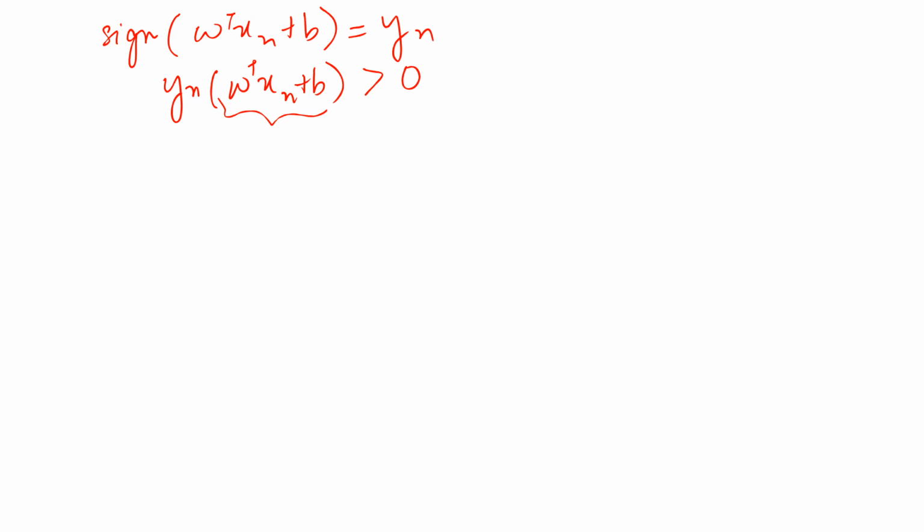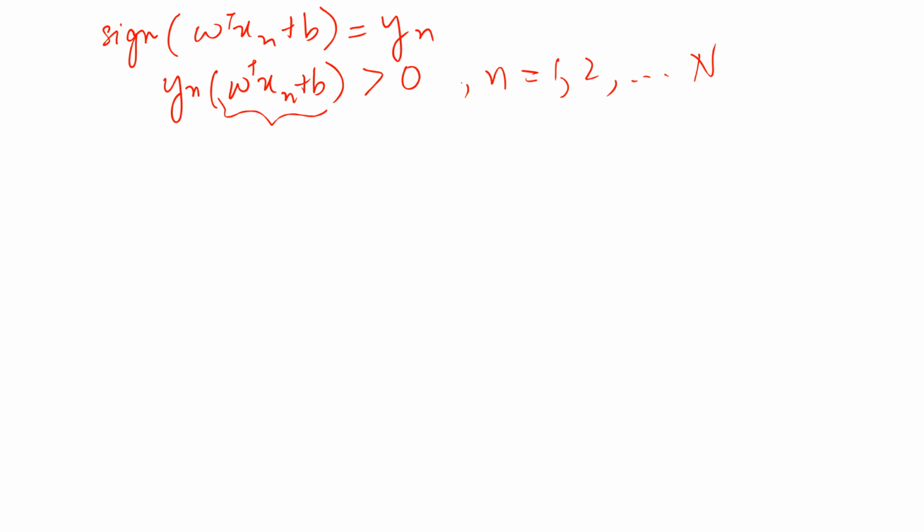So now if this term is greater than 0 for all n's, like 1, 2 and so on up to N, whatever number of points I have, there must be some point n for which we'll get a minimum of this.